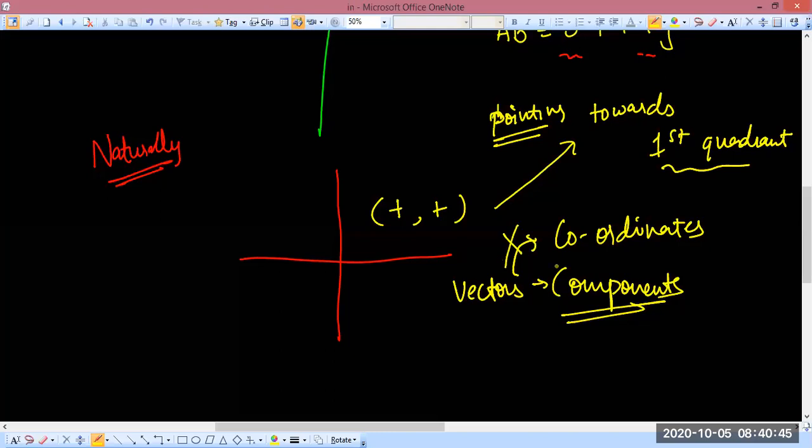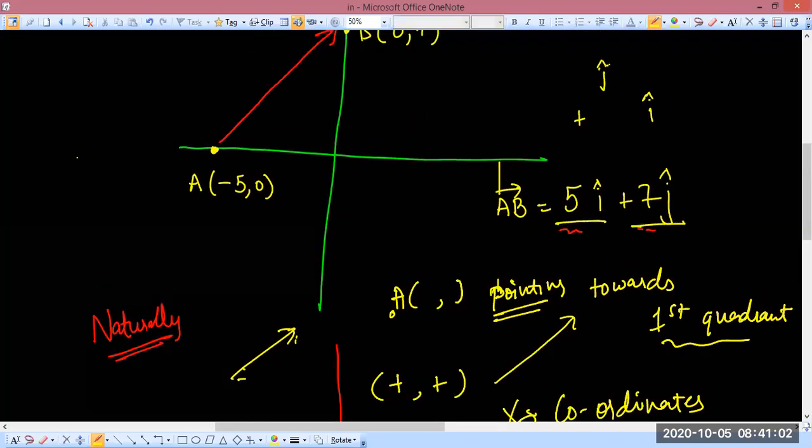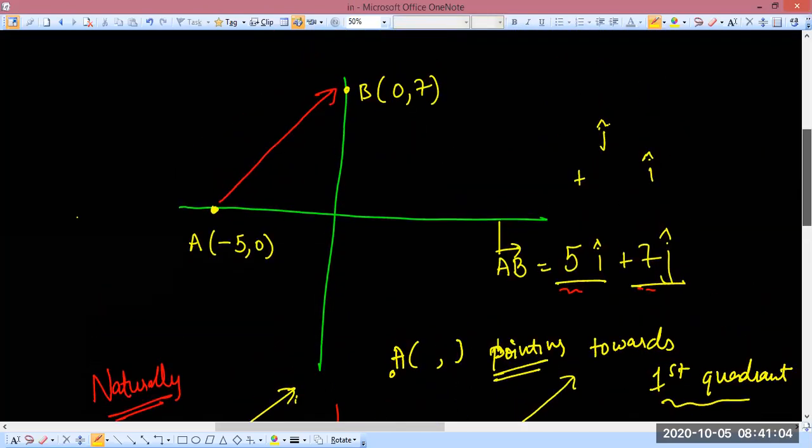A point has coordinates, but a vector has components, horizontal and vertical, like that. So that's why both are positive. See, no confusion, isn't it?